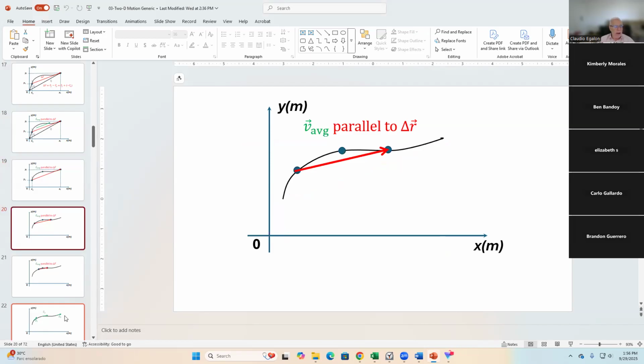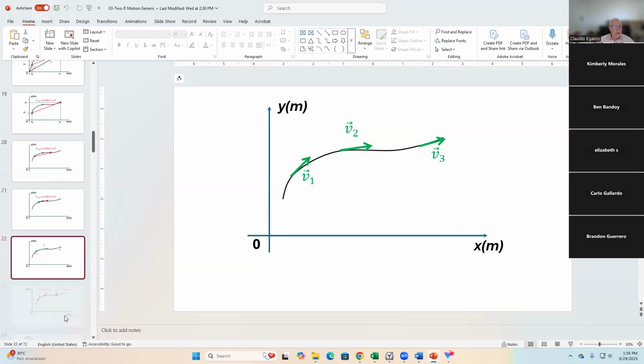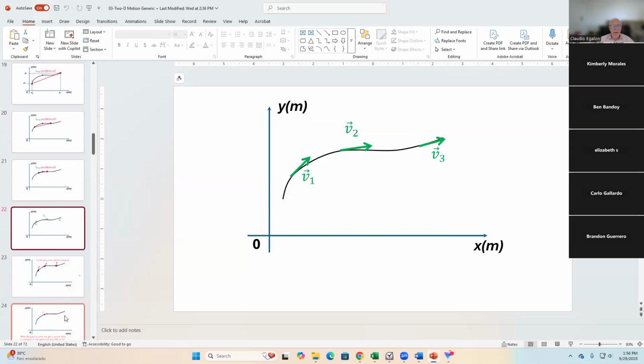But as delta r becomes smaller and smaller, this delta r vector tends towards a direction that is tangent to this curve, okay? Delta r goes to 0, yes, but the instantaneous velocity vector is not going to be 0. The direction of the instantaneous velocity is going to be tangent to the path of the object.